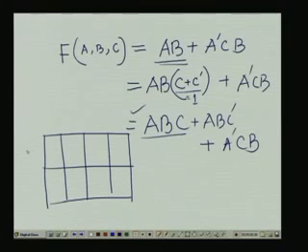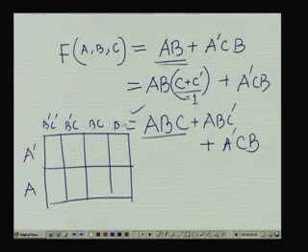This is a dash and this is a, and this is b dash c dash, b dash c, b c and b c dash, so this is 0 0, 0 1, 1 1 and 1 0.